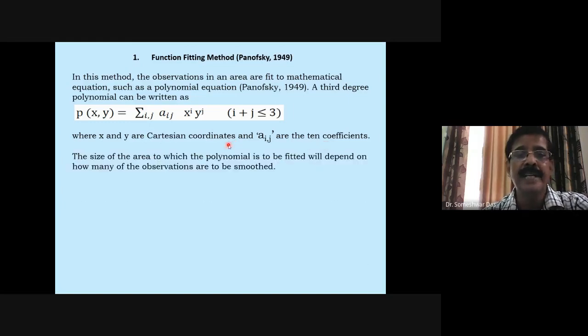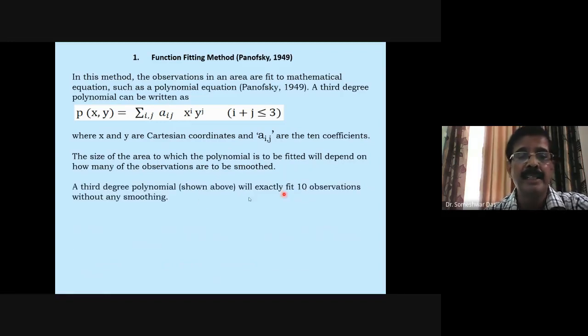The size of the area to which the polynomial is to be fitted will depend on how many of the observations are to be explored. We shall discuss it in more detail later, where we have to consider a so-called radius of scan. A third degree polynomial shown above will exactly fit 10 observations without any smoothing.